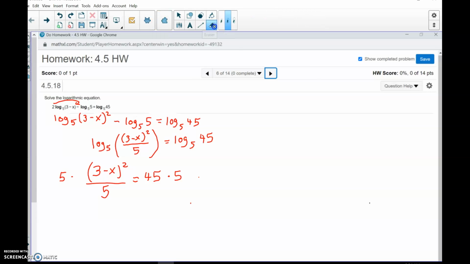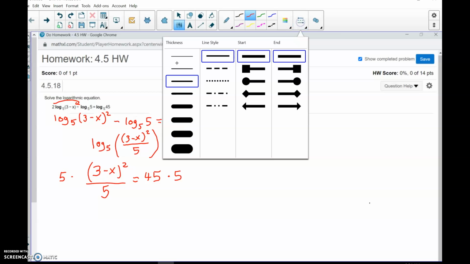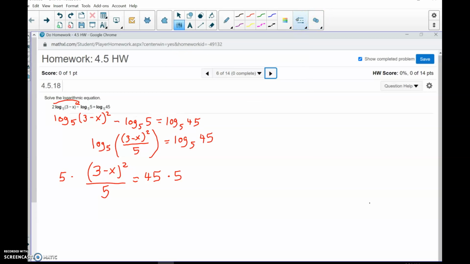Let me erase this really quick. Then I get (3 minus x) squared is equal to 225.